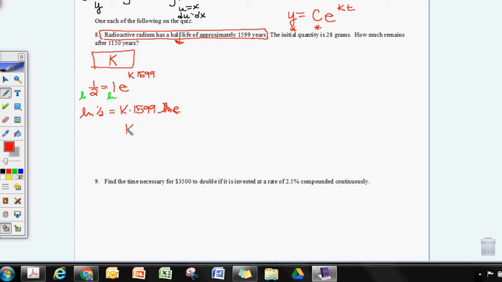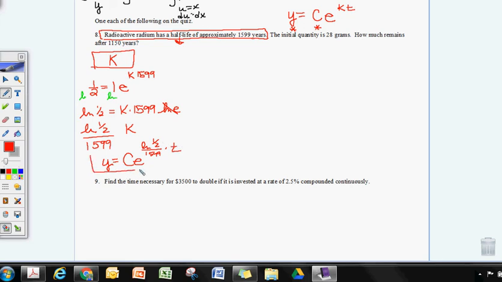So my K value I just found out is the natural log of 1/2 divided by 1599, which means that I now have an equation of y equals CE to the natural log of 1/2 divided by 1599 times T.